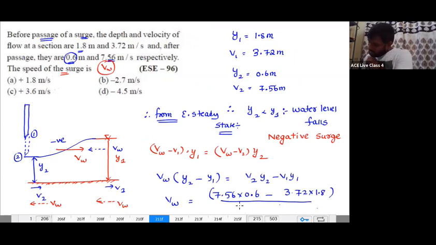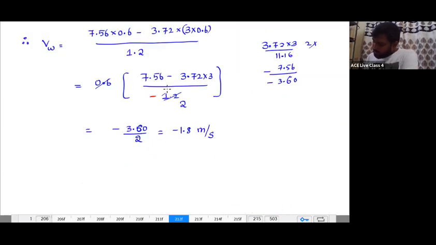So this is 0.6 minus 1.8. I'm sorry, this is minus 1.2. So this is going to be a minus value. Okay, so the answer is going to be plus 1.8 meter per second. So this is the final answer.